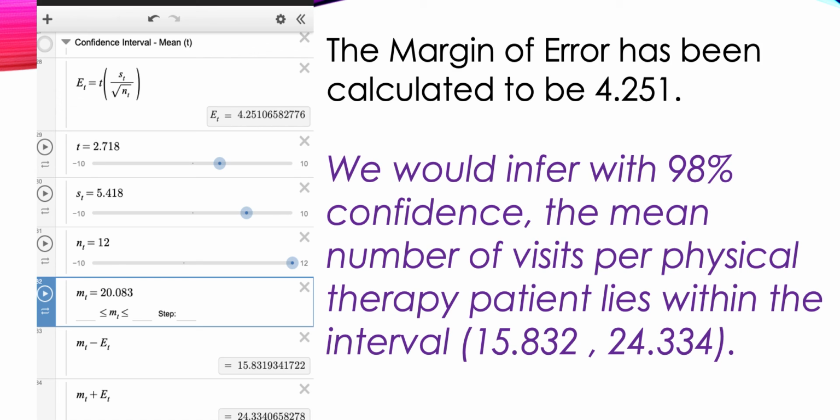Looking at our information, the margin of error has been calculated to be 4.251, and we can now infer with 98% confidence that the mean number of visits per physical therapy patients lies within the interval between 15.832 and 24.334.